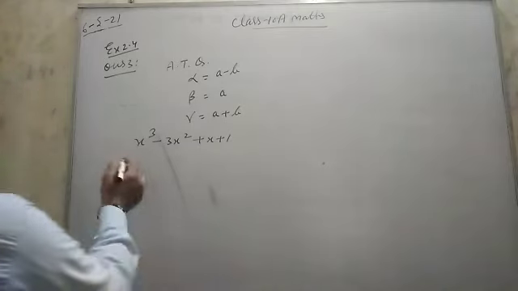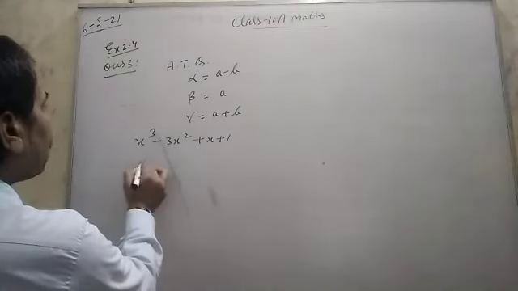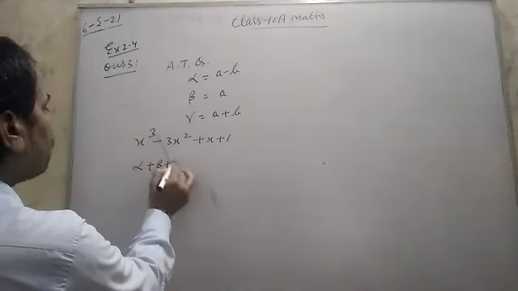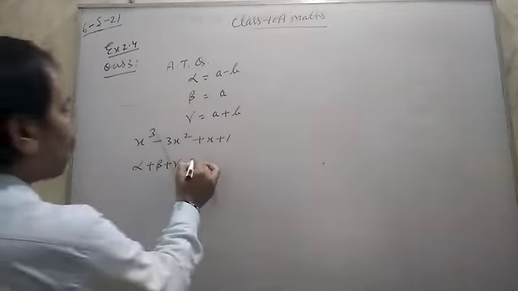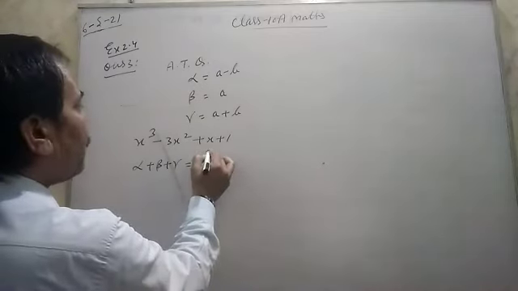And we have to find the values of a and b. So we know that the sum of zeros, alpha plus beta plus gamma, is minus b upon a.